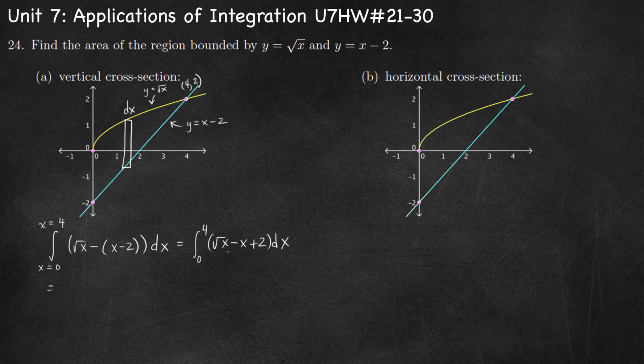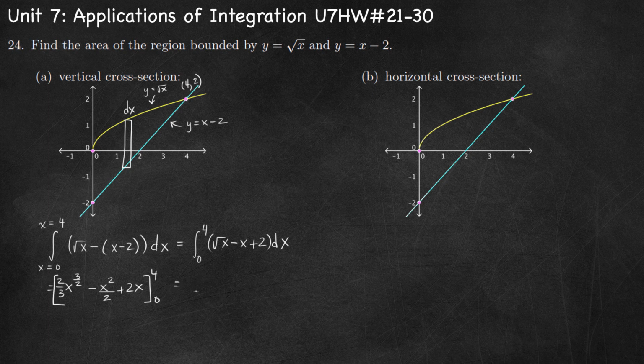And so square root of x integrates to x to the 3/2 times 2/3, and then minus x squared over 2 plus 2x from 0 to 4.